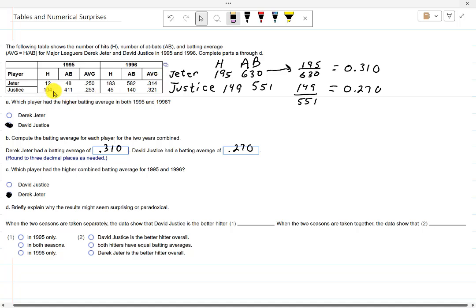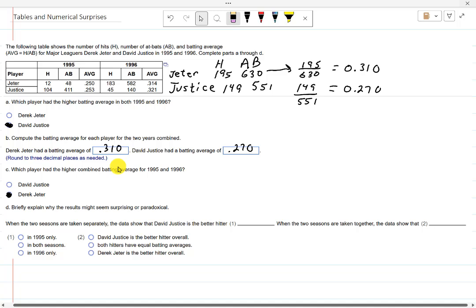For Justice, he had a large number of at-bats where he was around 250, and then he only had a very small number where he was above 300. So there are too few bad numbers for Jeter to bring his average down that much overall, and too few good numbers for David Justice for his overall average to be better than Derek Jeter's.